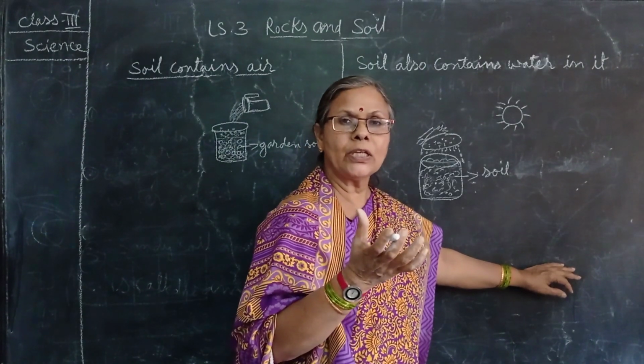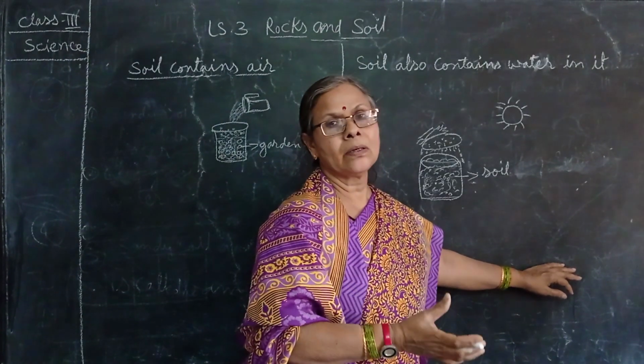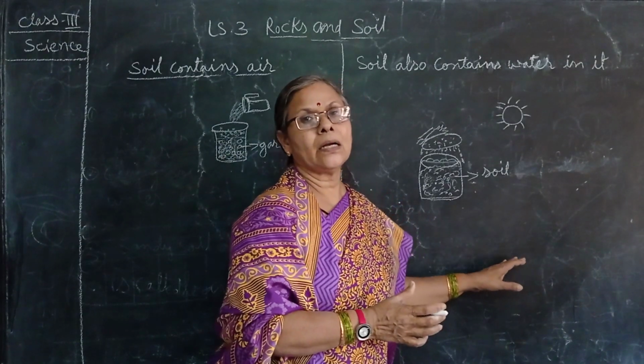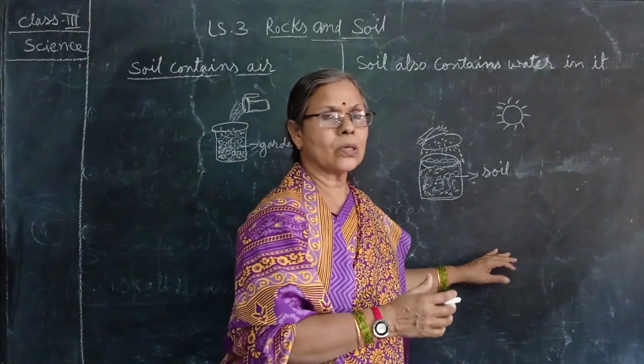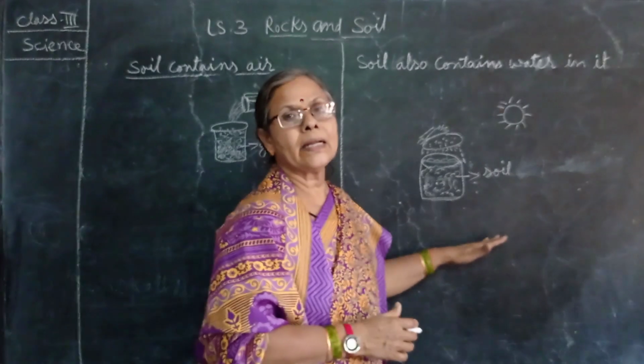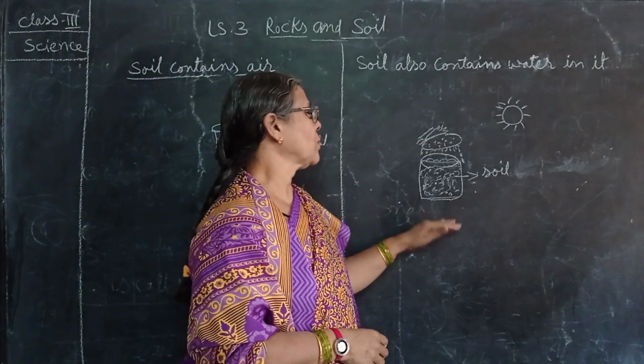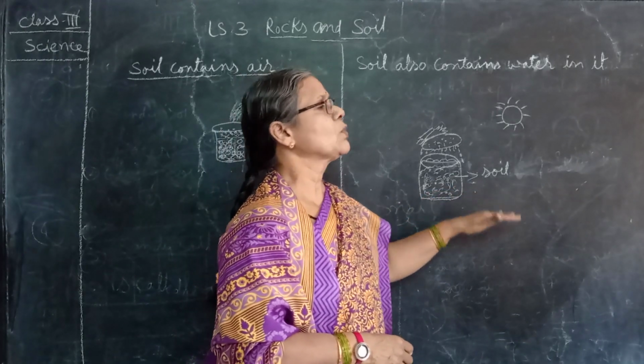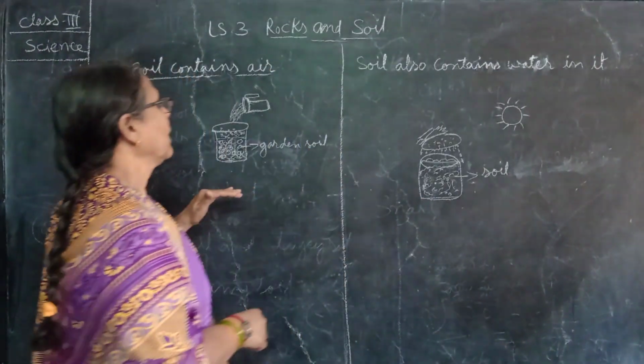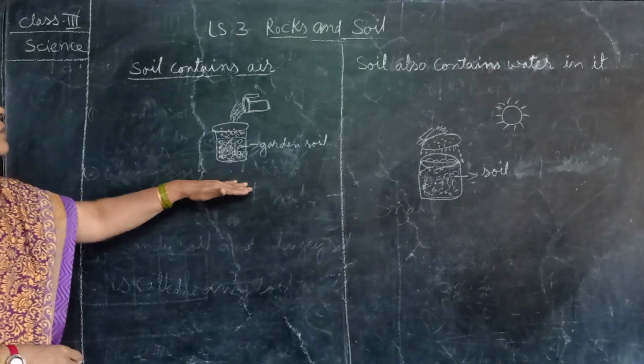You can take soil and keep it in any glass jar or box, put a lid on and keep it in the hot sun. You can do this activity also. This shows that soil contains water in it, and that soil contains air.